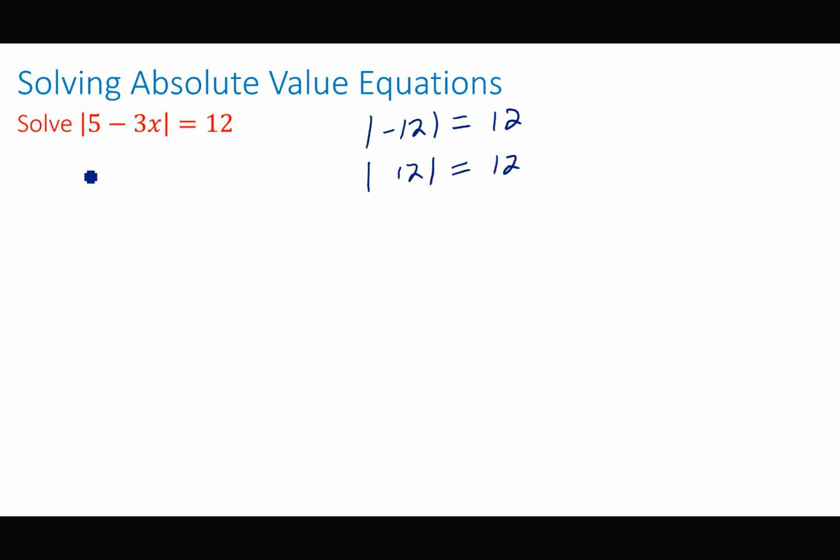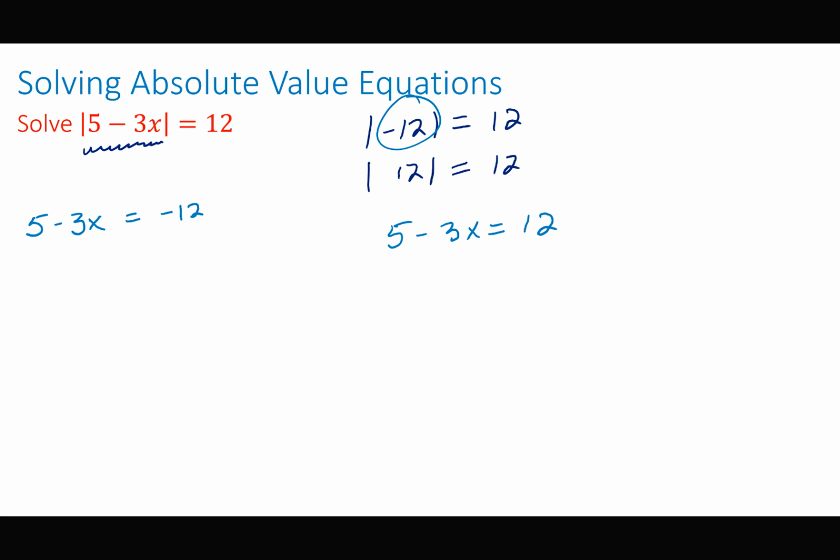So I'm trying to get this in the absolute value bars to equal 12 and to also equal negative 12. So I'm going to write out two separate equations here. I'm going to say, okay, this piece in my absolute value bars, the 5 minus 3x, I want to make that equal negative 12 for this one here. But then I also want to make this equal a positive 12.